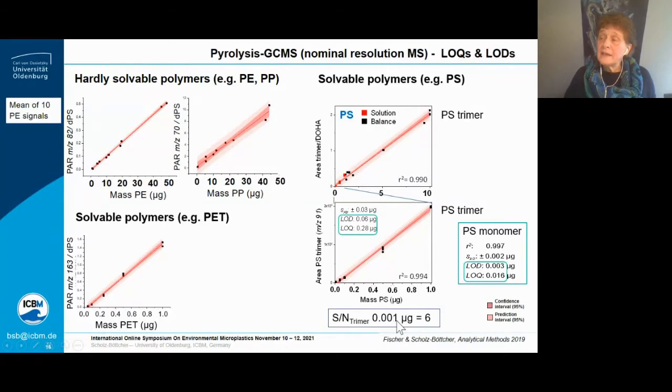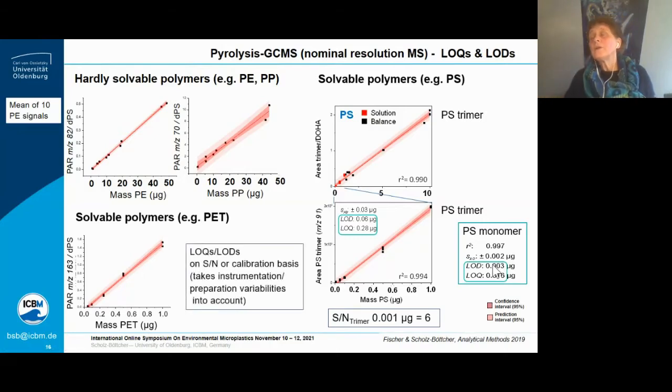We get, at least even for 1 nanogram trimer, a signal-to-noise ratio that's even 6. And going to the monomer, which is not used because it's too much disturbed by other organic compounds, you can go even lower because the signal is higher.